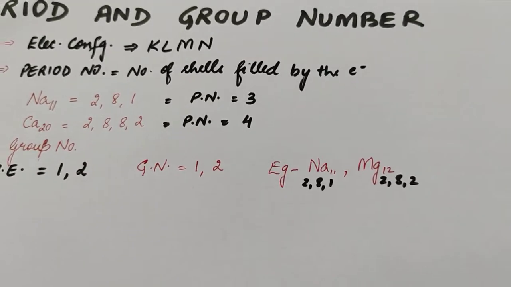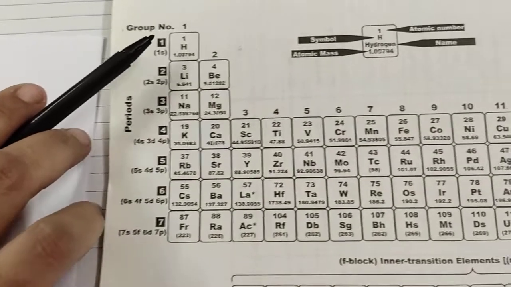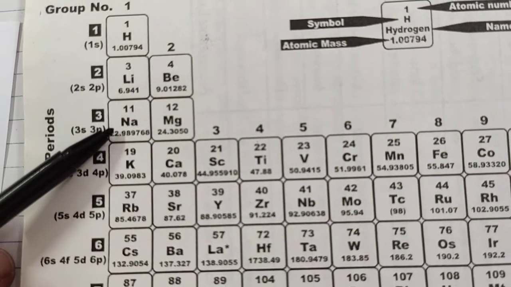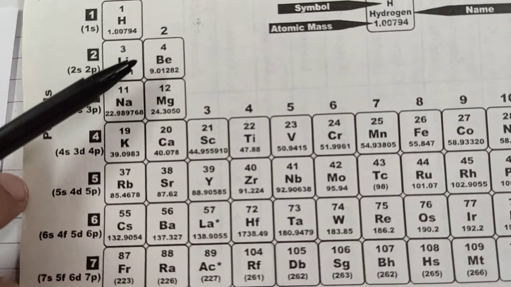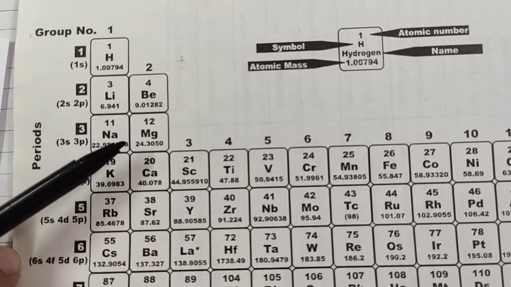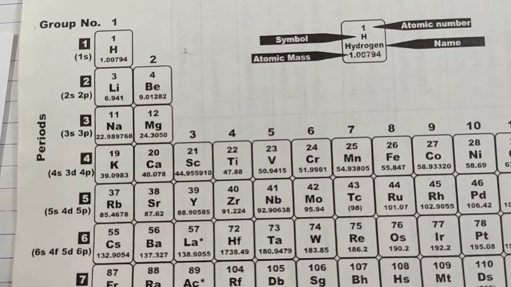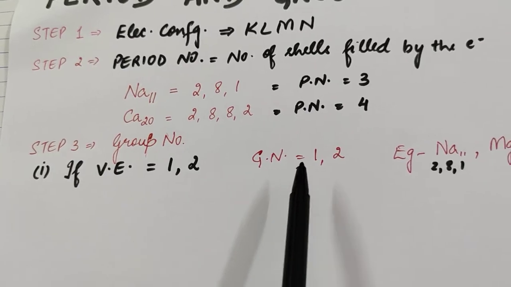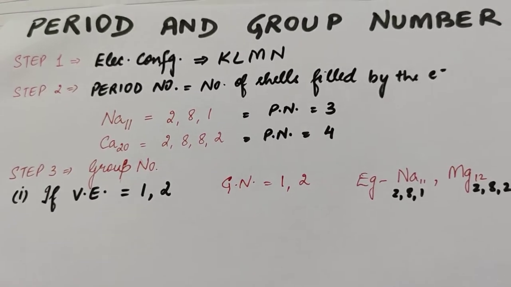Let's check in the periodic table. So here we have the group number. As you can see, sodium is falling in group number 1 and magnesium in group number 2. So this is the rule for the first substep. If the valence electrons are 1 or 2, then the group number will be 1 or 2 respectively.